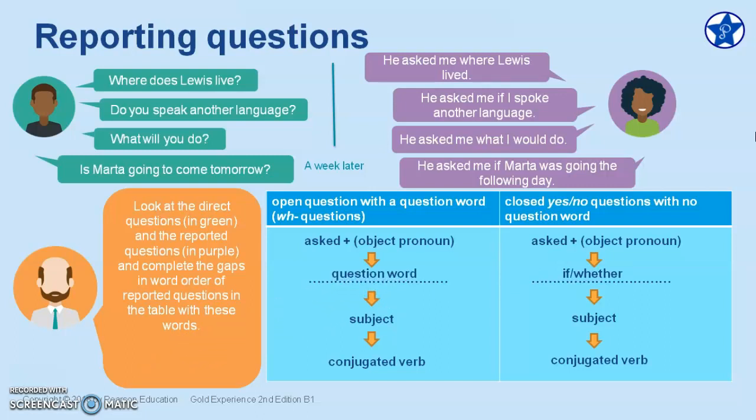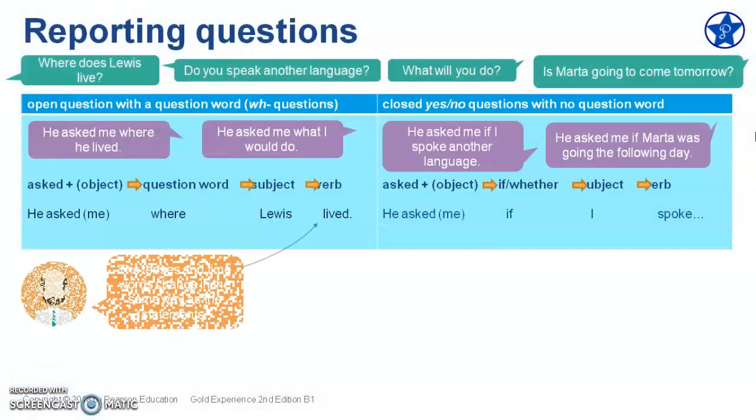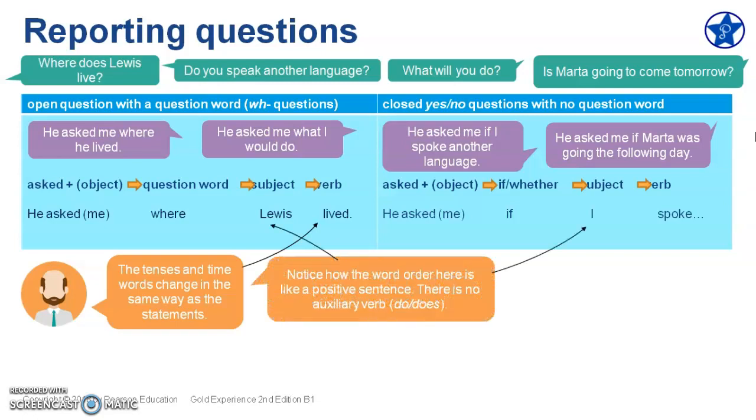I think that was easy, wasn't it? The tenses and time words change in the same way as the statements. Notice how the word order here is like a positive sentence. There is no auxiliary verb, do or does.